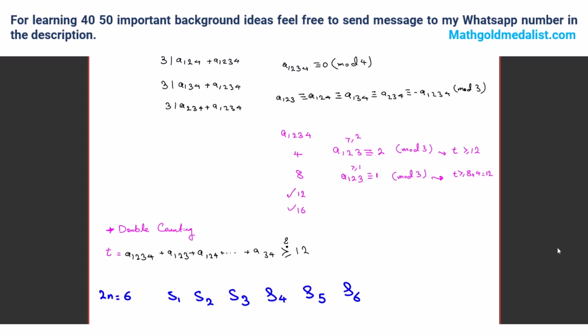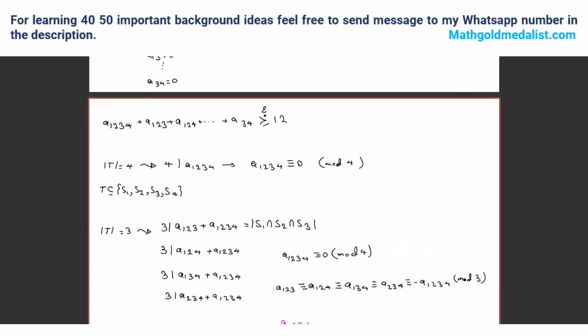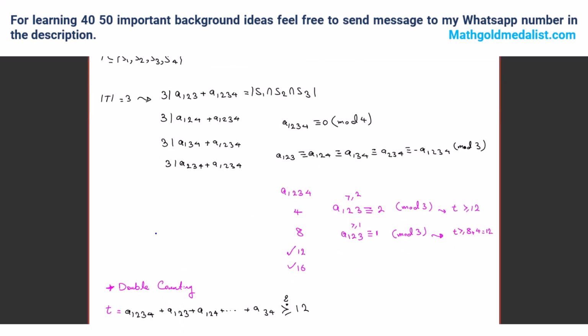Okay, so for example, let me tell you an example for the previous one. A2, A3, A4. Suppose all of A2,3, A2,4, all of them are 0 except A2,3,4. Another example.